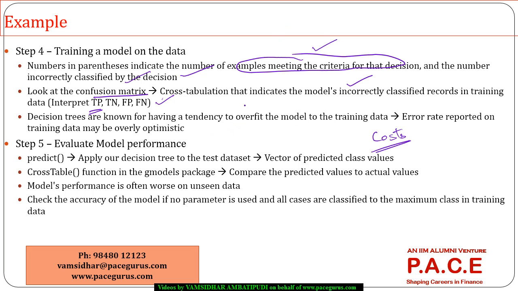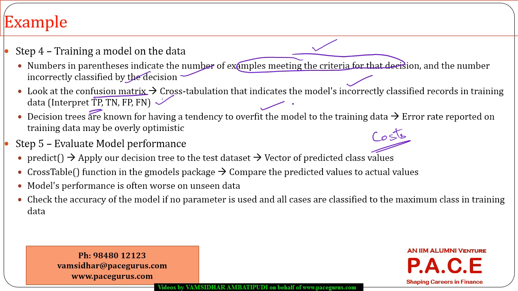So as we have already understood, decision trees have a very high tendency to overfit the model to the training data. So whatever the 10% error that we have got on the training data may be overly optimistic, right? We are getting the accuracy as 90%, and there is a good chance that this accuracy could be very highly optimistic.